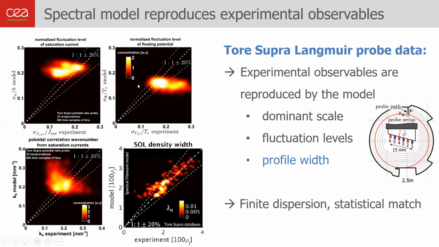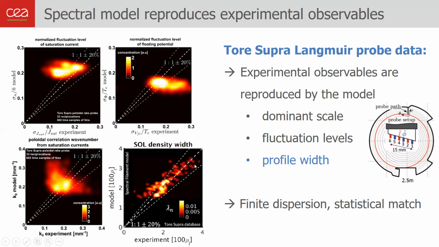For the potential fluctuation level normalized to temperature, yes, this is also quite consistent quantitatively, around 20%. And the same for correlation lengths, poloidal correlation lengths. Statistically, the model does a job, even if there is quite a significant dispersion over the database, but it's something like this.